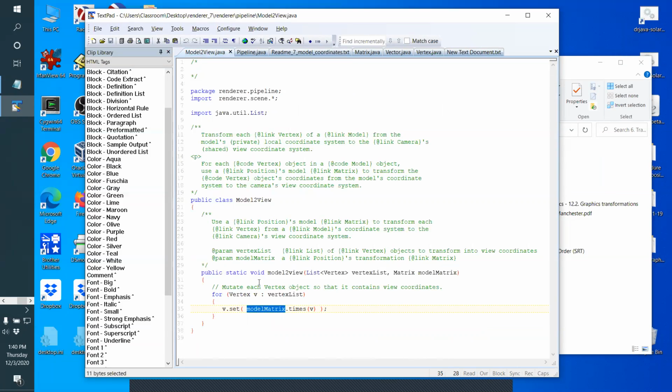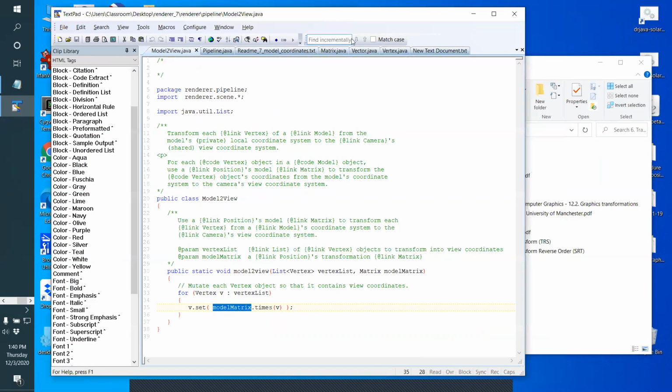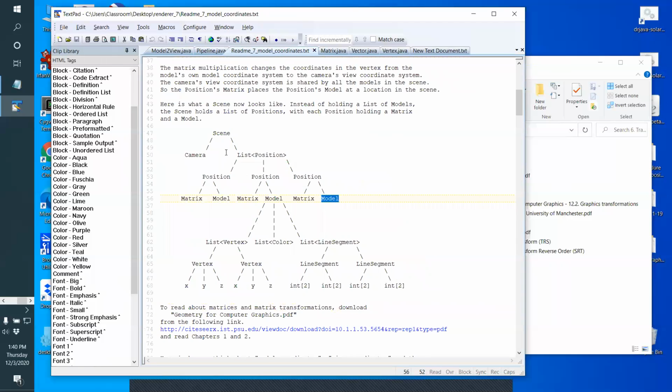Now the renderer walks this list. It goes to this position in the list, and it multiplies this matrix times every vertex in that model.